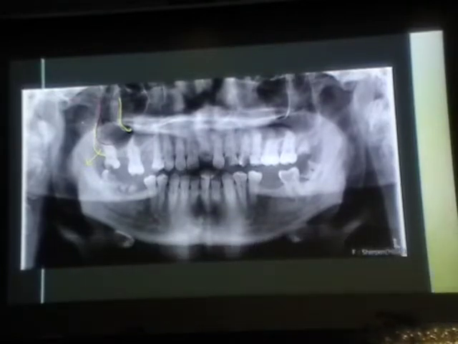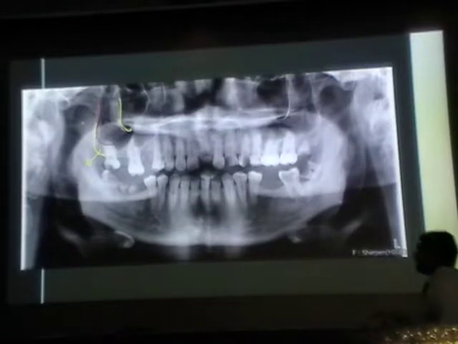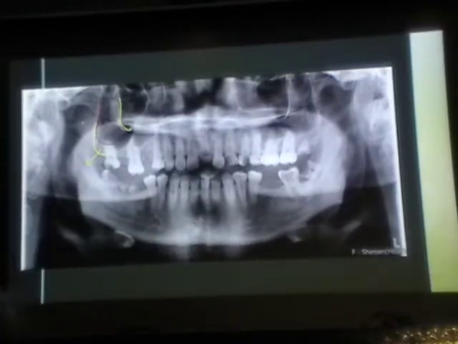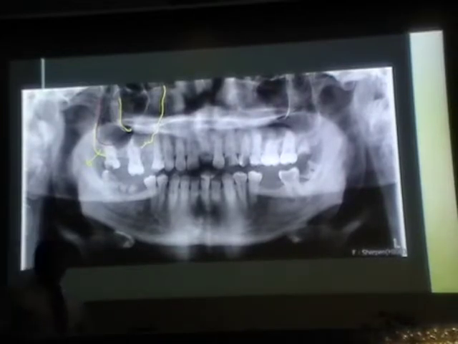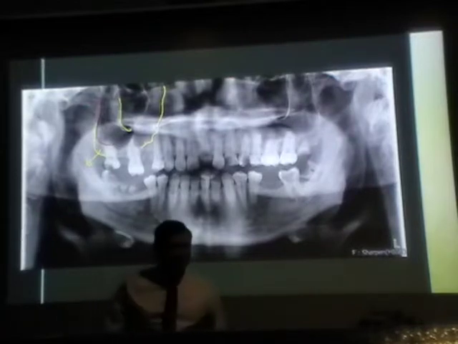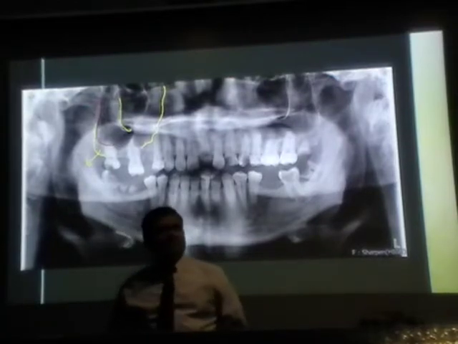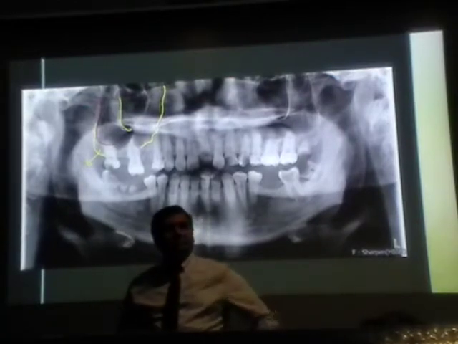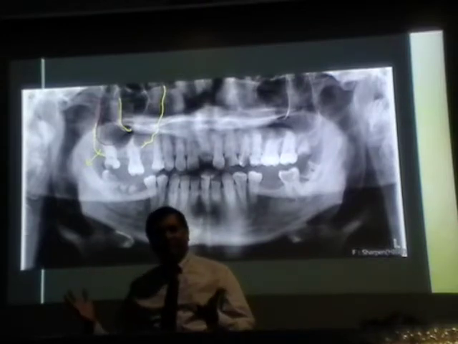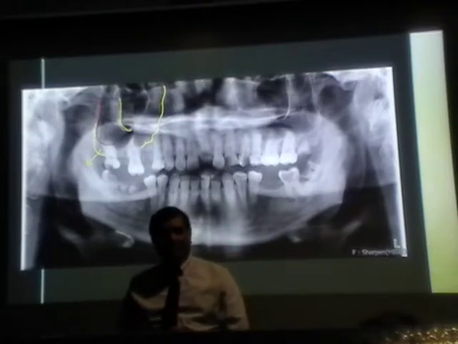This one. Okay, what do you think is this one here? Anterior wall of maxillary sinus, or lateral wall of nasal fossa, right?